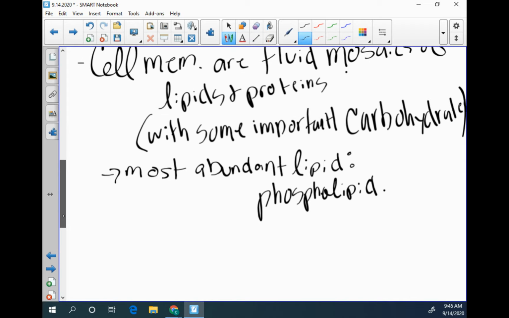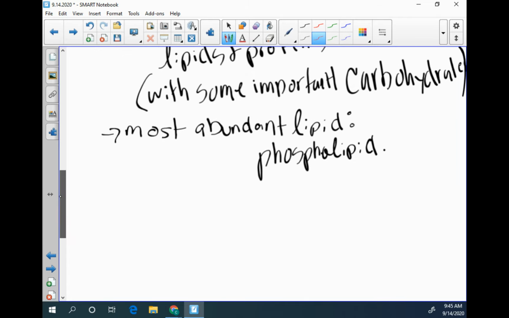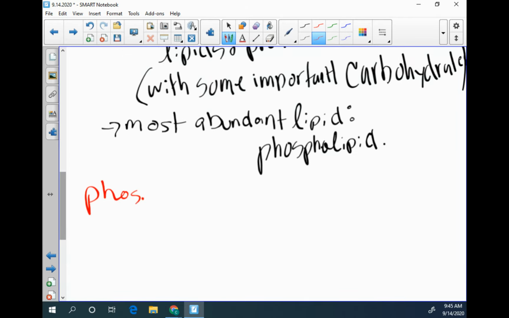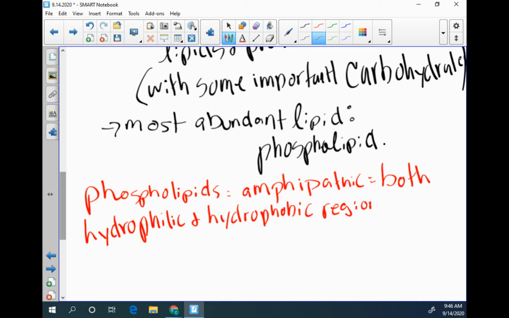So, phospholipids, I'll switch colors. Phospholipids are amphipathic, which means they have both hydrophilic and hydrophobic regions. So we've got our little phospholipid here.